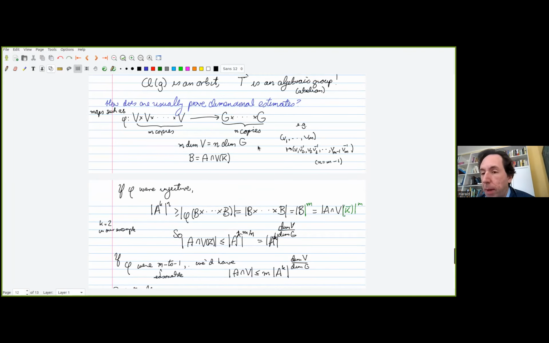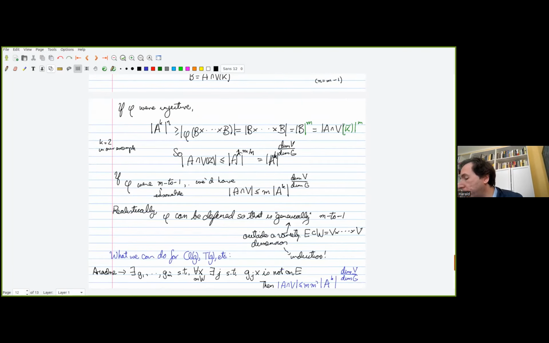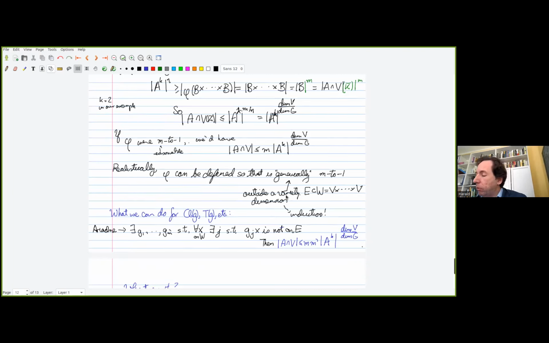And if the dimensions match, then the result of Chevalley, I think, made explicit, tells you that generically, that is outside a variety of lower dimension, the preimage of a point will have dimension 0, that is, a preimage of a point will be a set of points, and how many, that's bounded by the degree of the variety.